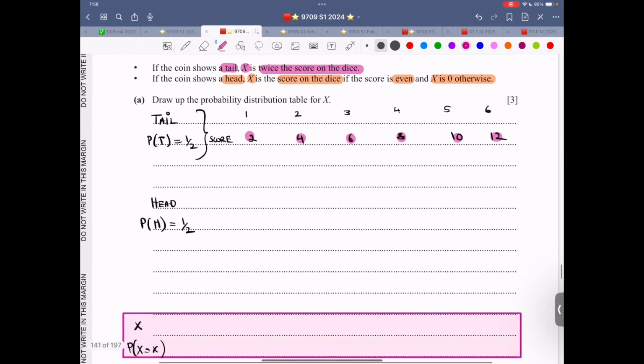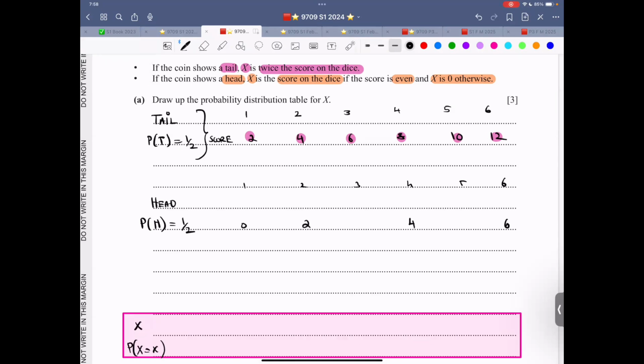When it's about a head, again, let me write over here 1, 2, 3, 4, 5, 6. Now there are two options. If the score on the dice is even, then 2 will remain as 2, 4 will remain as 4, 6 will remain as 6.